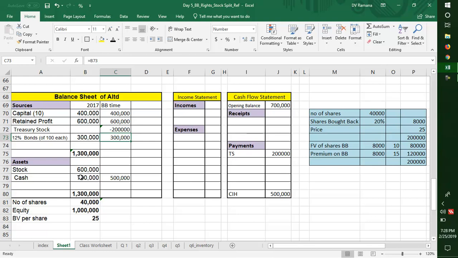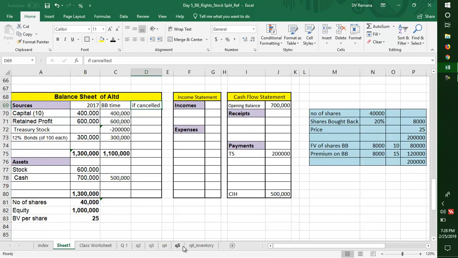So the total sources is 800,000 because capital has been bought back. But you can ask a question, why has it not been reduced? Because at this time, this is at the point of buying back the shares. The company can decide to hold the shares purchased, or can cancel them.